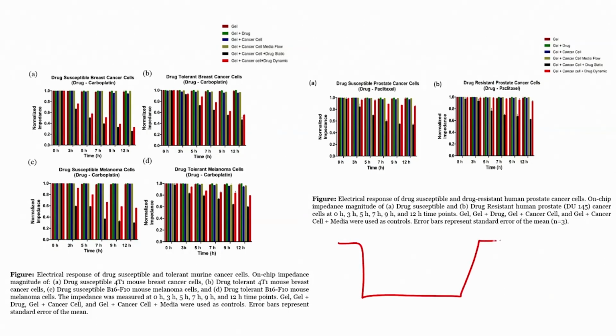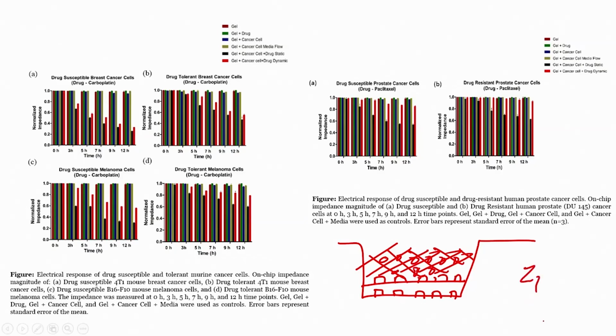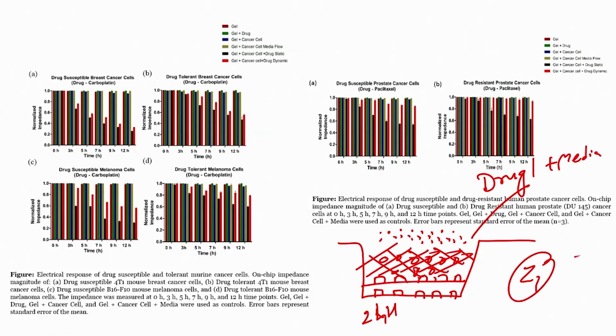Static platform means if I have a well, if I have this micro heater, right, if I have insulating layer and over there are interdigitated electrodes, can I just put matrigel with cancer cells, right, and I will get Z1, and if I put drug 1 let us say with media, drug 1 plus media, then after some time let us say 24 hours I would be able to see a difference Z2 if the drug is effective, correct.